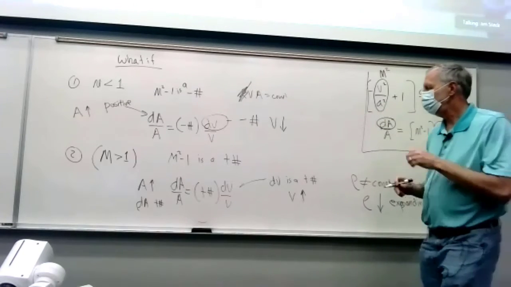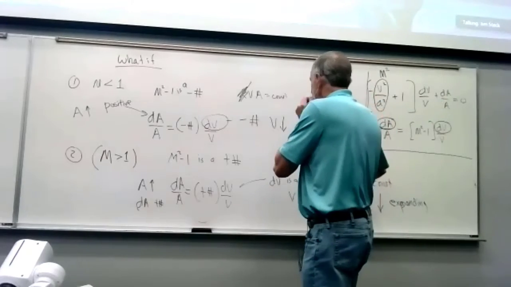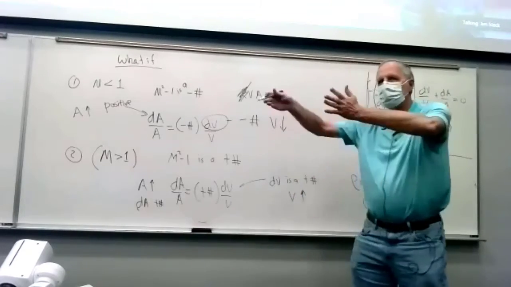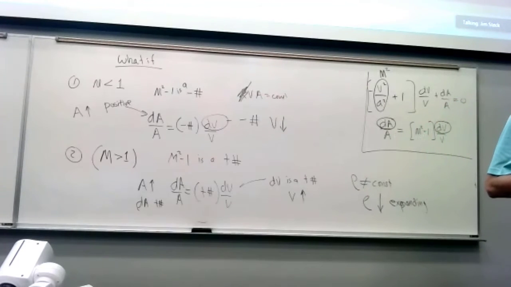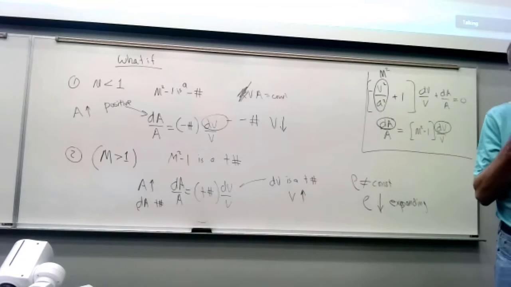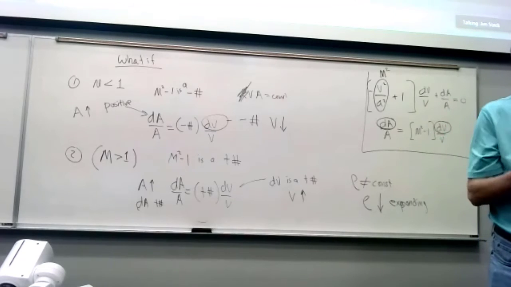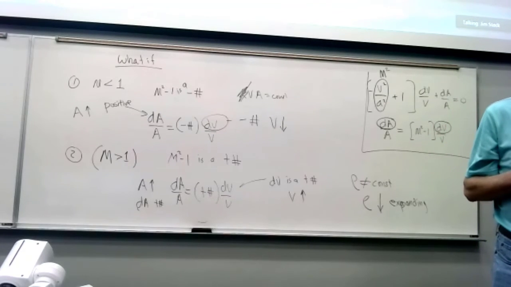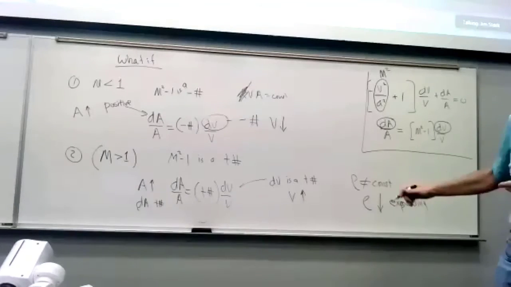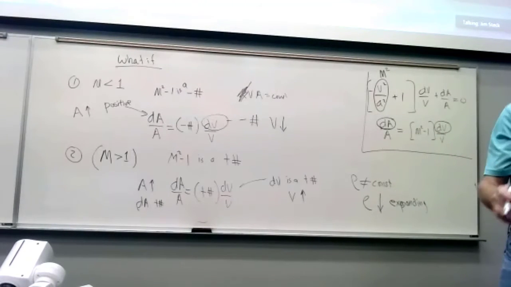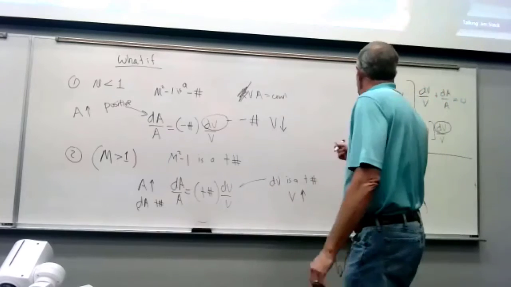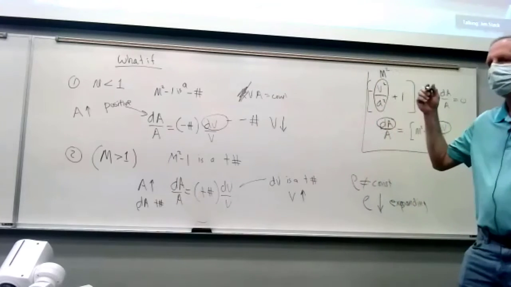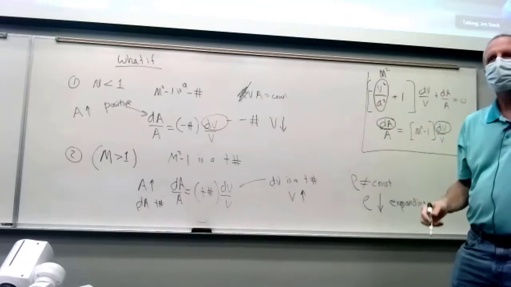It's counterintuitive because of this density change. When we're looking at those converging, diverging things, mentally we're saying, okay, the density is not changing, so you see that amount of fluid having to squeeze through that area, so it's got to go faster. But here, when it squeezes, it actually squeezes the density down as well when it's supersonic. So vice versa, if you take a supersonic flow and you narrow the area down, it actually slows down.